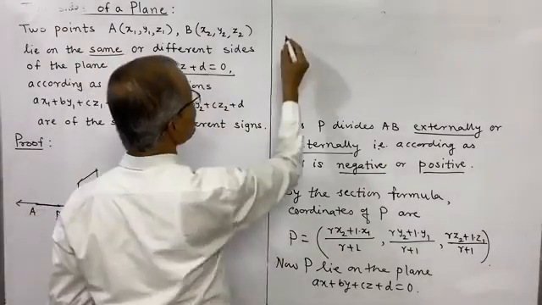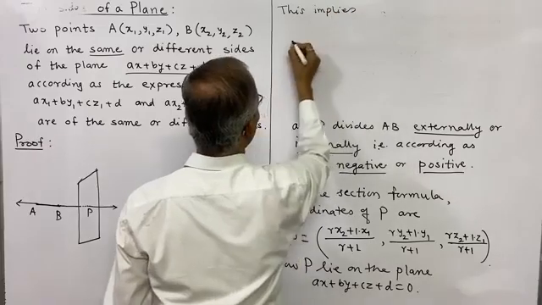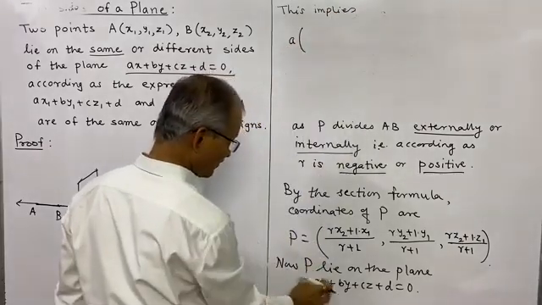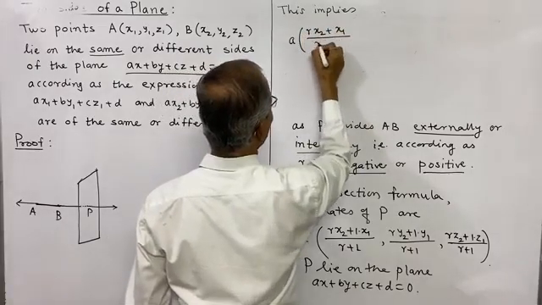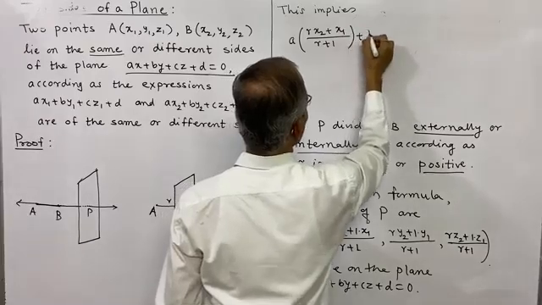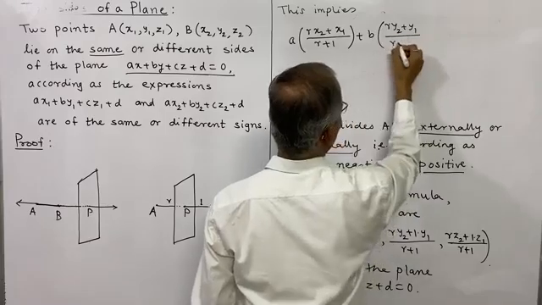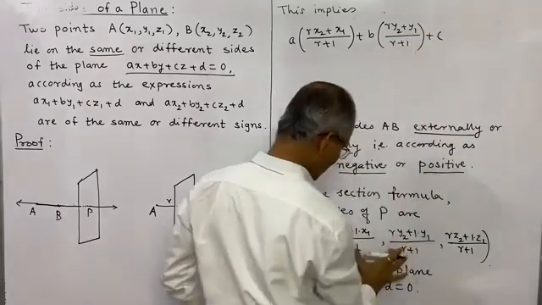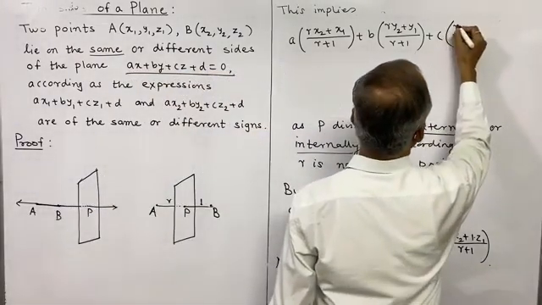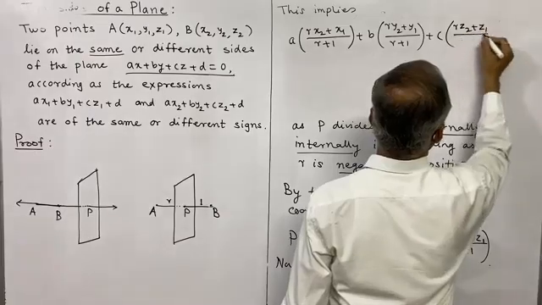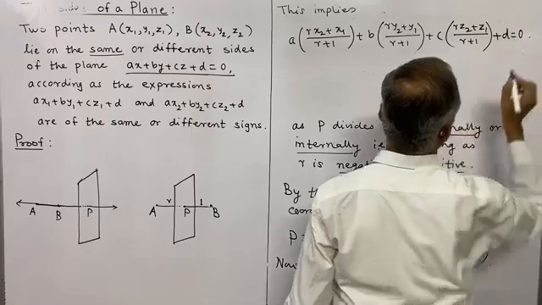A into the x coordinate of P, that is (R x2 plus x1) divided by (R plus 1), plus B into (R y2 plus y1) divided by (R plus 1). We are putting the coordinates in this equation, and plus C into (R z2 plus z1) divided by (R plus 1) plus d is equal to 0.